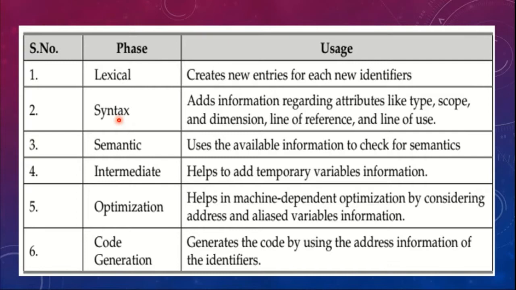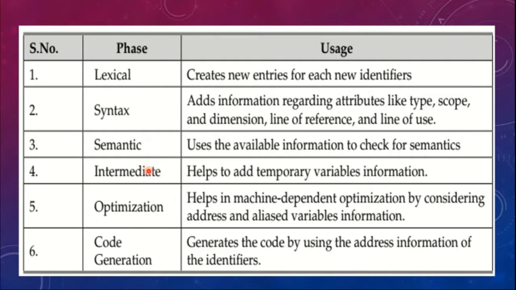That means in which lines of the code that particular variable is used. And next, semantic analysis also uses the symbol table information. Based on whatever information is available in the symbol table, it can perform the checking of semantics. For that purpose semantic analysis also uses the symbol table.